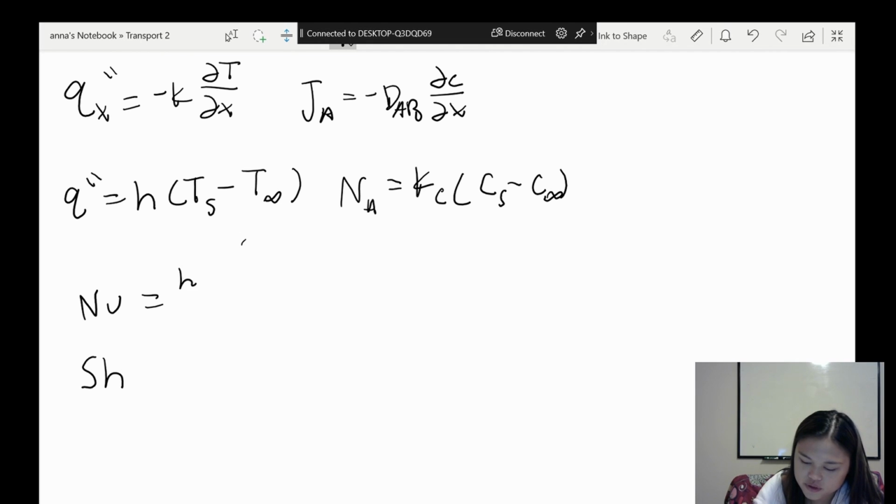For the Nusselt number, we have the heat transfer coefficient times some characteristic distance over that thermal conductivity. For the Sherwood number, we have that mass transfer coefficient, that characteristic distance, and that diffusive coefficient.